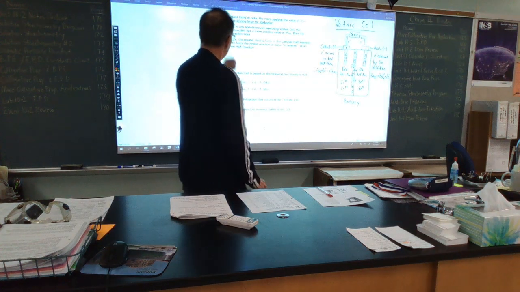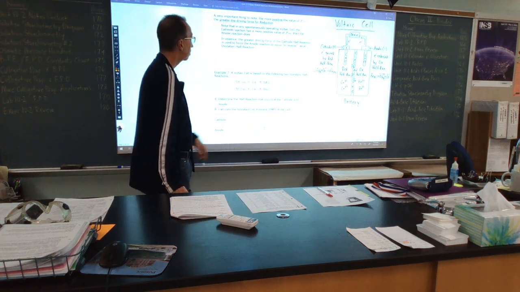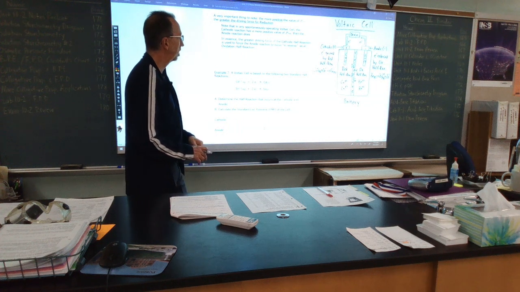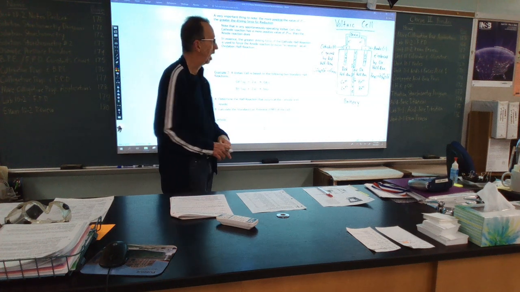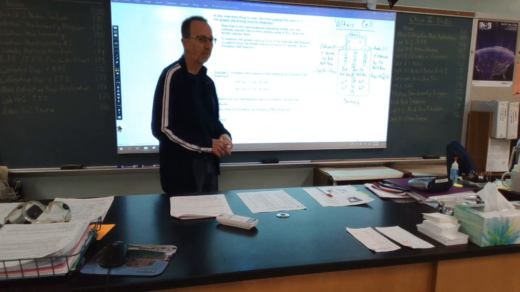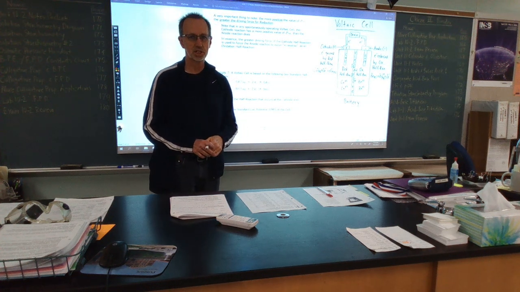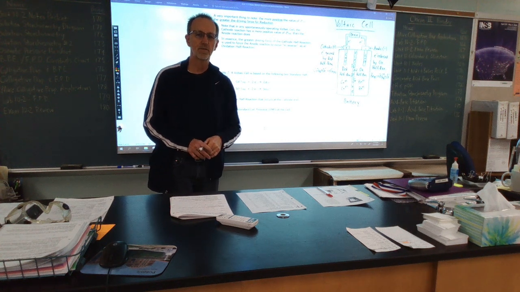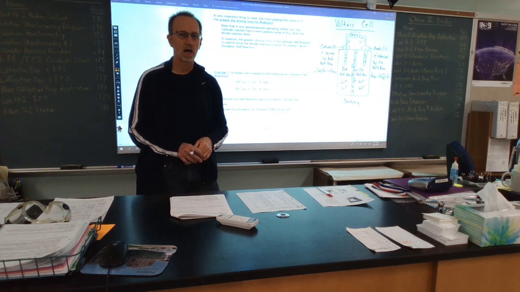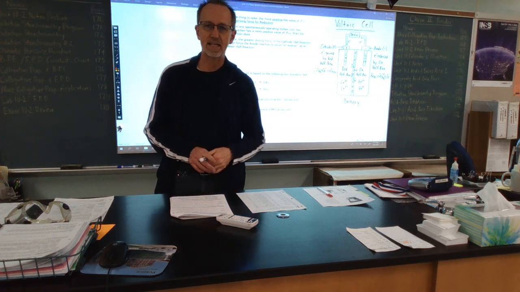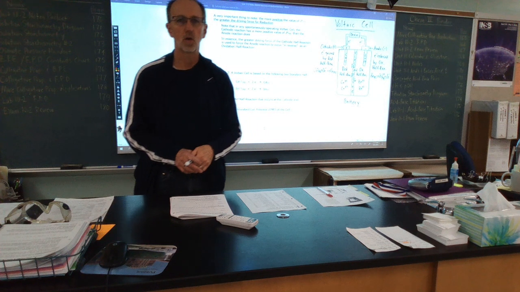So the next thing, a very important thing to know: the more positive the value of E, the greater the driving force for reduction, right? All of these values on the chart are for reduction half reactions. The more positive each of those are, the more that substance in that half reaction wants to be reduced.